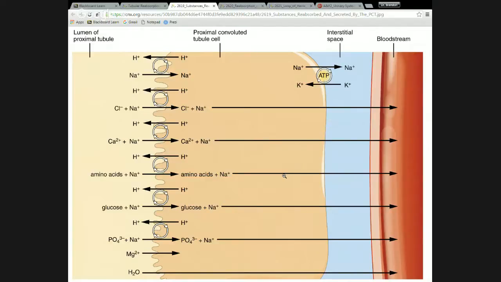So each of these things, although they kind of look like the exact same white arrow circle, represent different molecules that all co-transport sodium and something else. The sodium and amino acid glucose transporters here are exactly the same as what we find in the digestive system. So going back to the digestive system, let me just remind you of this.